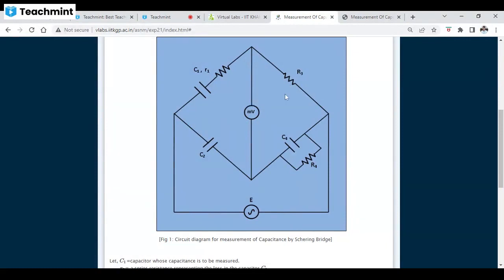Here is the unknown capacitor C1, whose capacitance is to be measured.